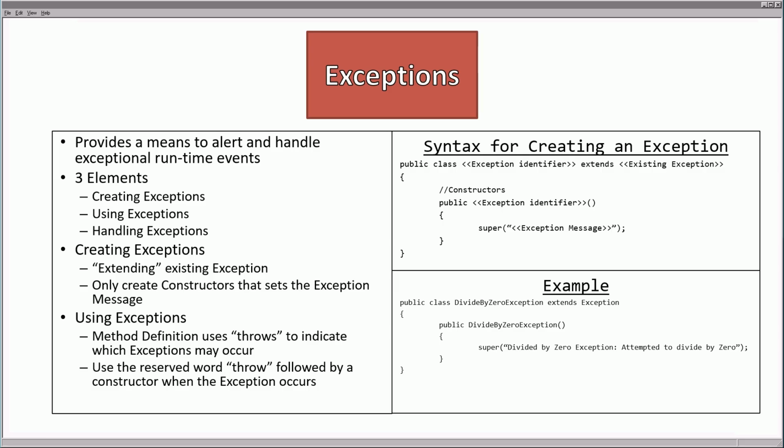Now, when it comes to exceptions, there are 3 essential elements to know about them: knowing how to create an exception, knowing how to use the exception, and also knowing how to handle the exceptions. With the first 2, creating and using the exceptions, we're not going to focus on that too much in this course.